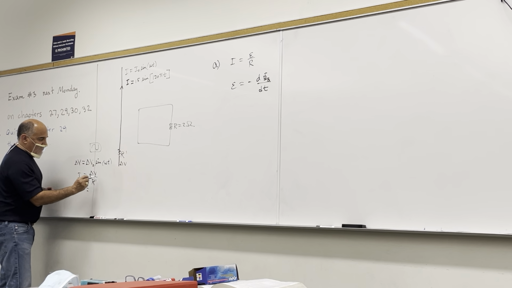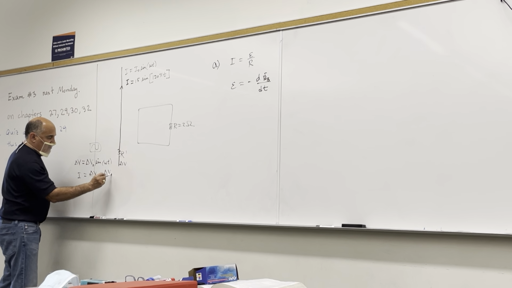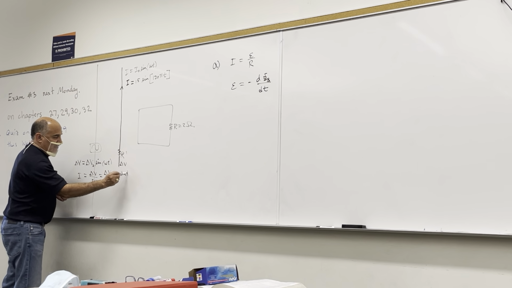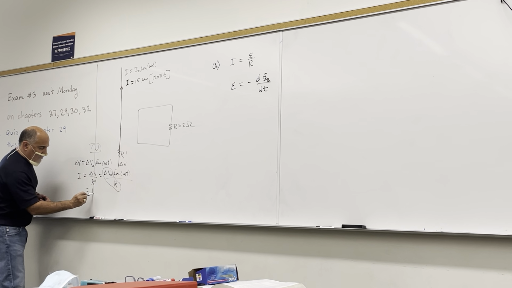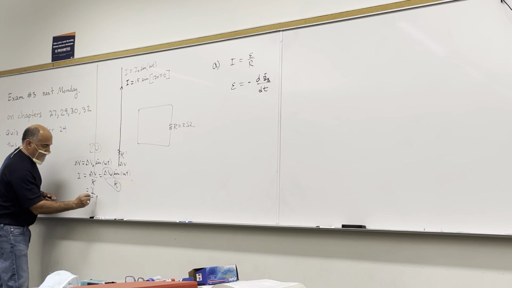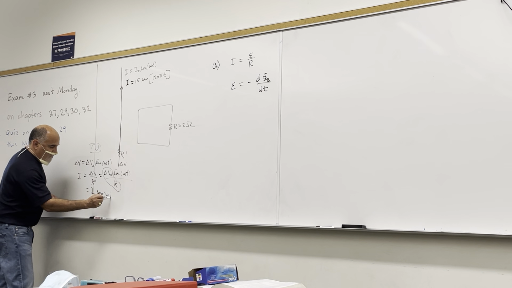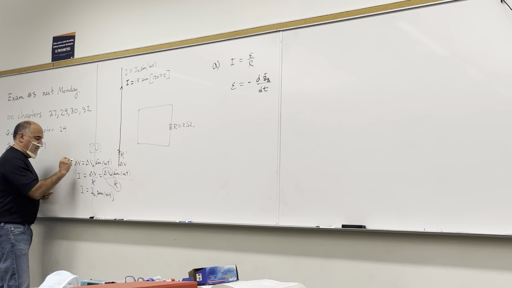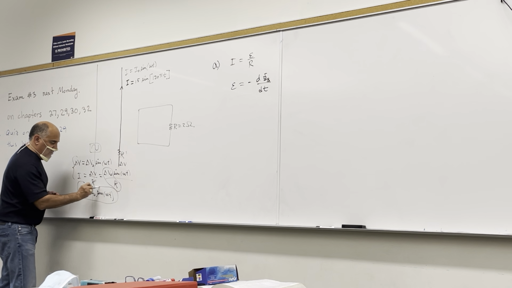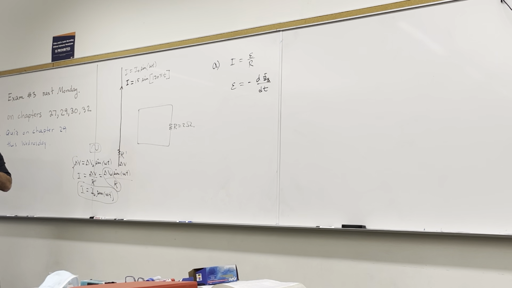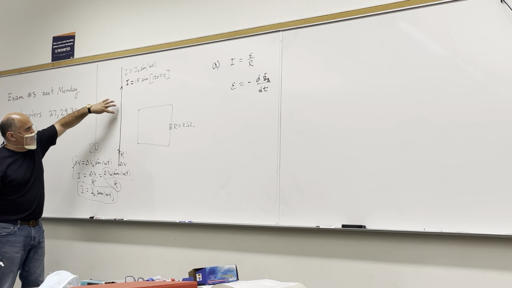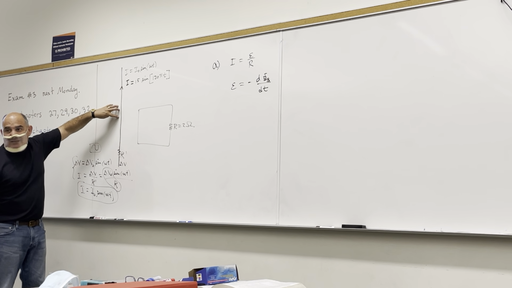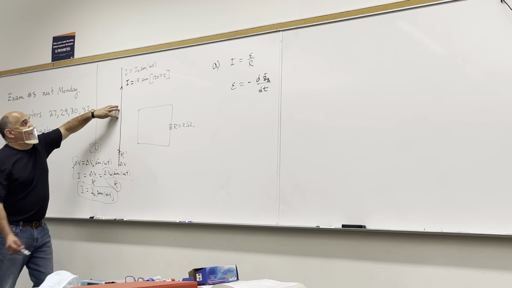This will be like delta V naught sine of omega t divided by r, and this you define as the amplitude. But instead of giving you how you get it, they're just giving you what it is. So there is a voltage driving current in this long wire.